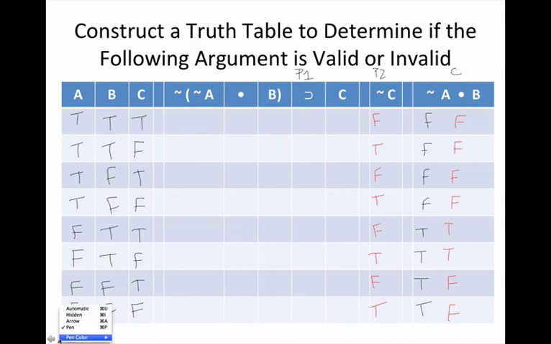Now, for the first premise, the horseshoe is the main operator, but we need to first determine the interior of this parenthetical and then negate it. So we have false, false, false, false, true, true, true, true. You probably can see that we're going to end up with the same values as the conclusion, but let's go ahead and play these out.